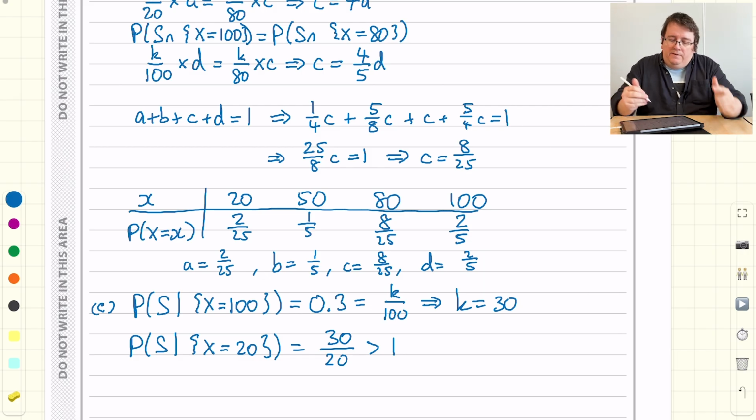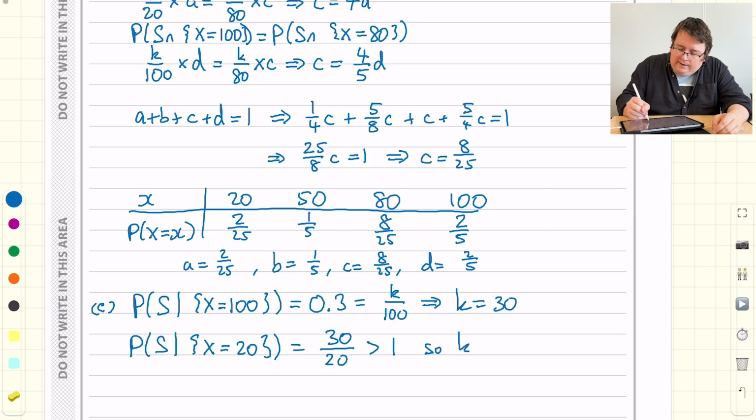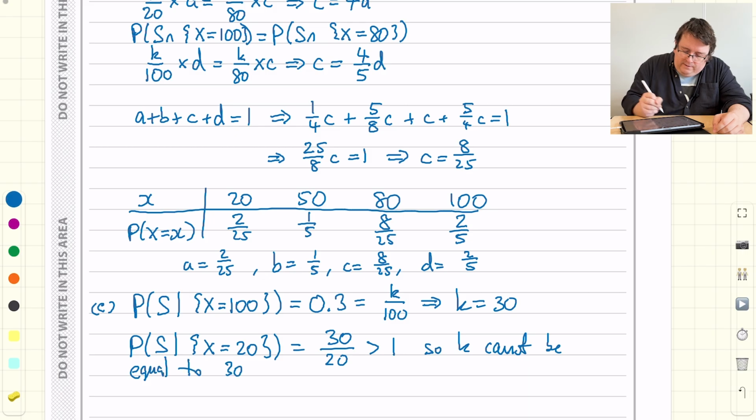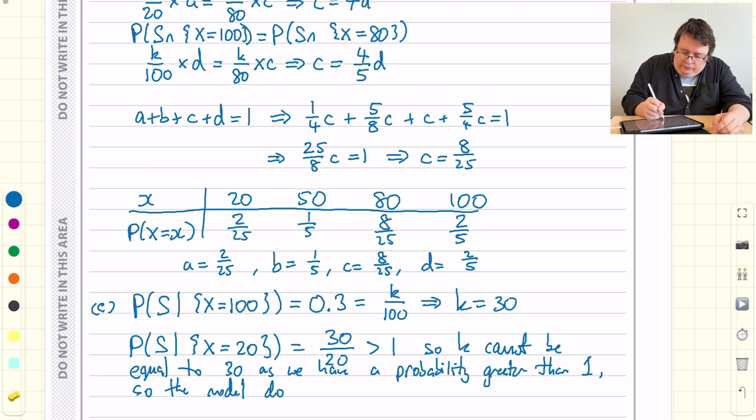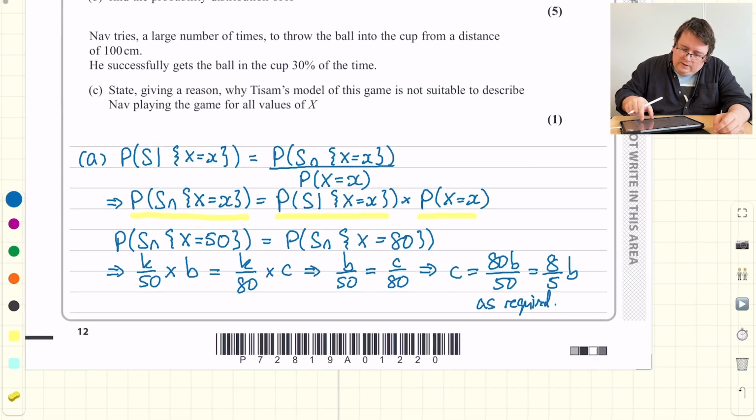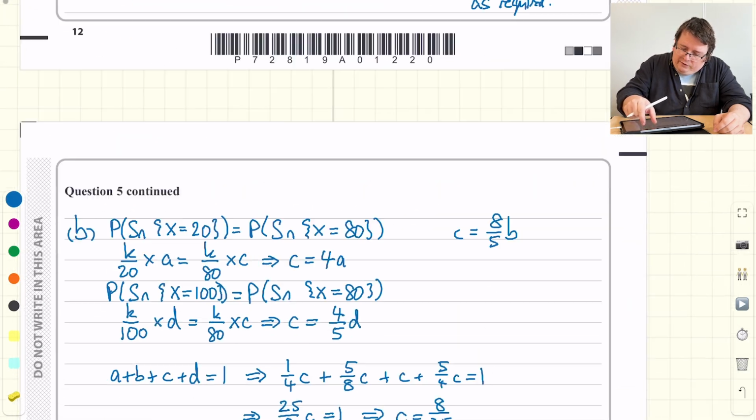K can't be 30. So K cannot be equal to 30, as we have a probability greater than 1. So the model does not work for all values of X.